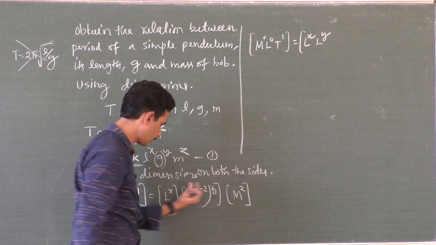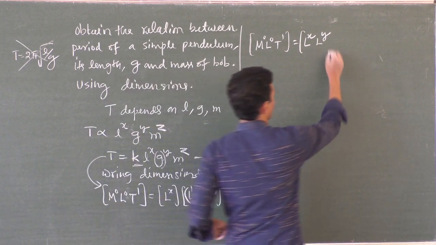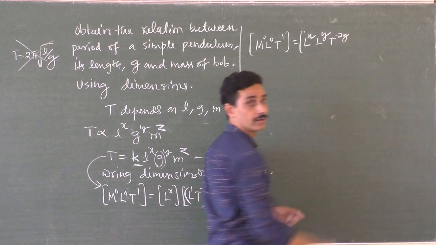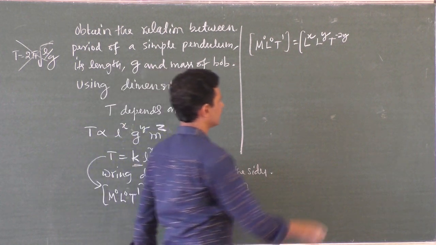Correct? l to the power 1 into y, t to the power -2 into y, t to the power -2y, m to the power z.